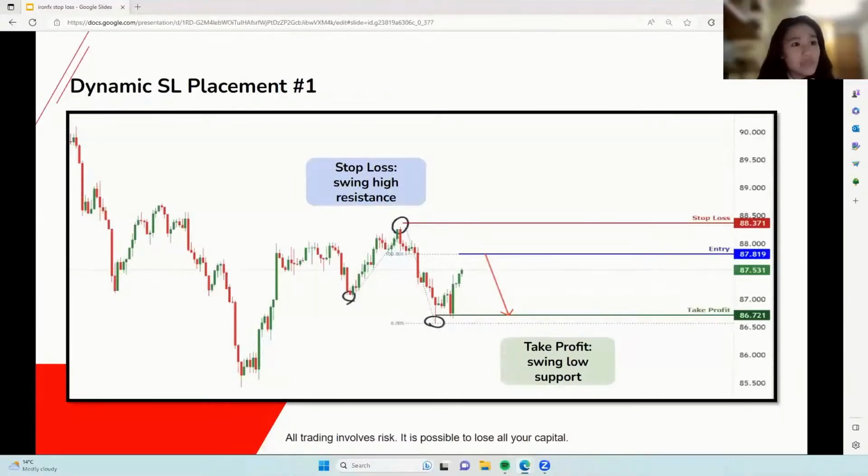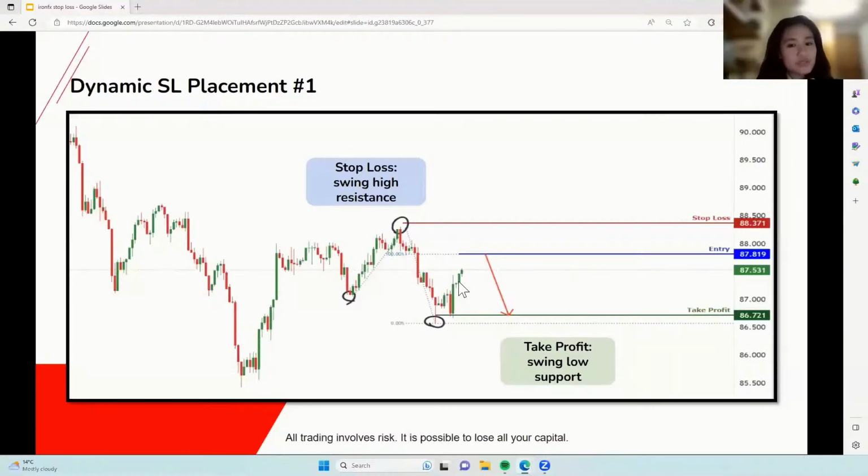So here is our first example to demonstrate dynamic stop loss. Here we have price bouncing nicely off of the support level at 86.721. So it's bouncing off here.